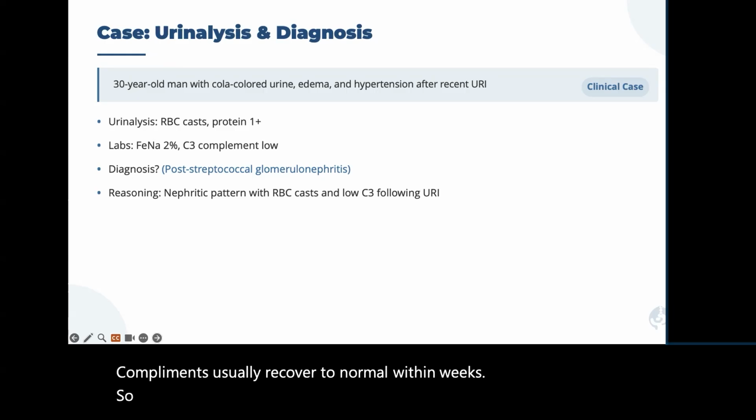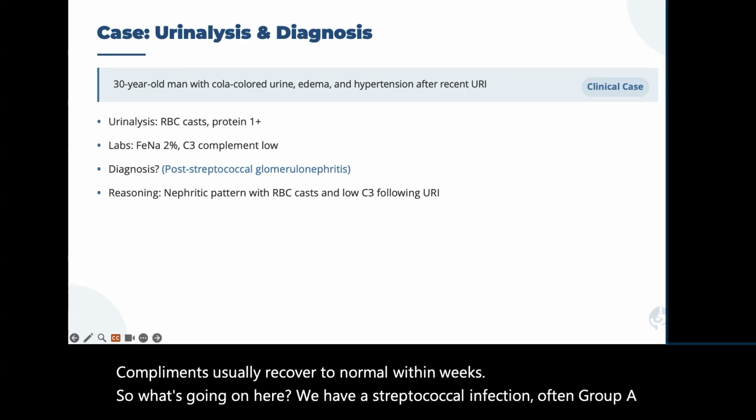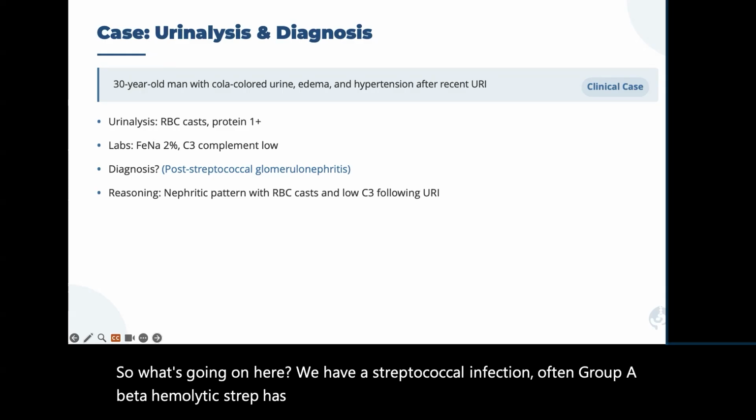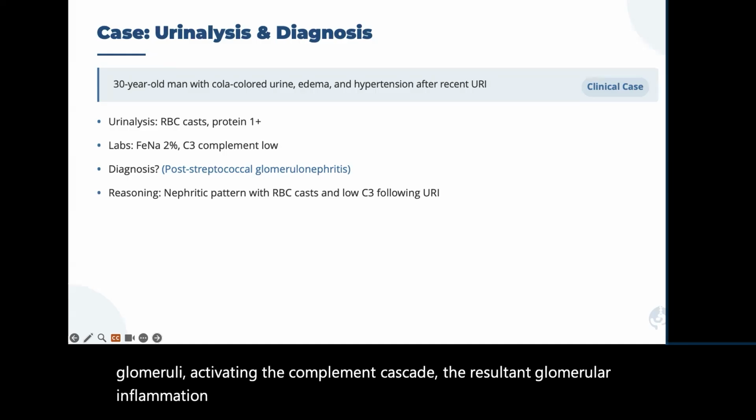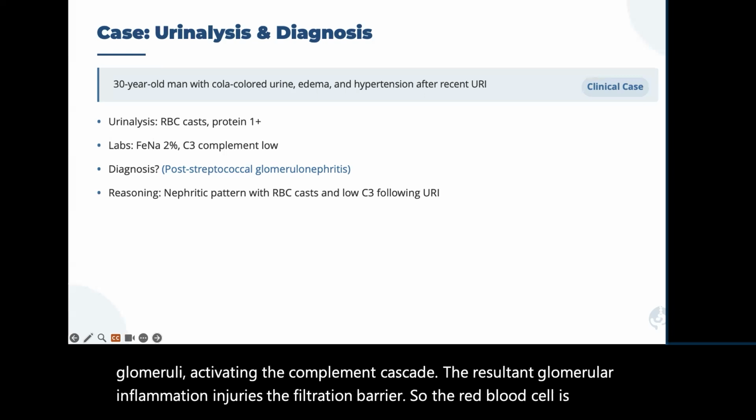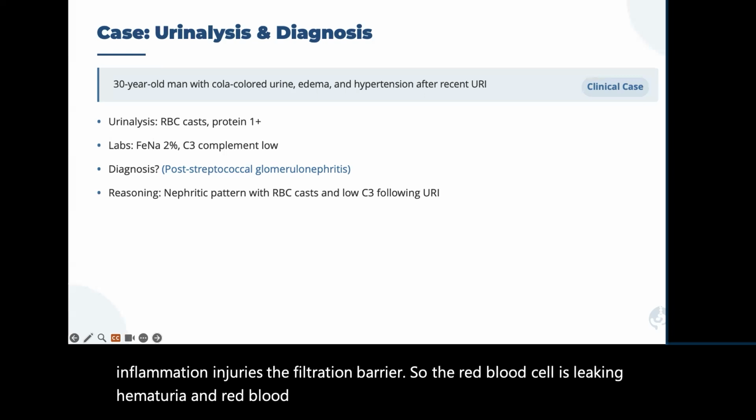So what's going on here? We have a streptococcal infection, often group A beta hemolytic strep, that has triggered an immune complex deposition into the glomeruli, activating the complement cascade. The resultant glomerular inflammation injures the filtration barrier. So the red blood cell is leaking, hematuria and red blood cell casts.